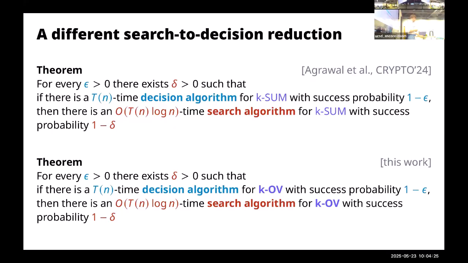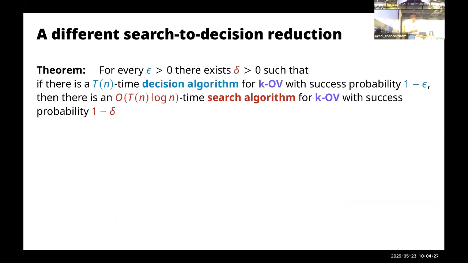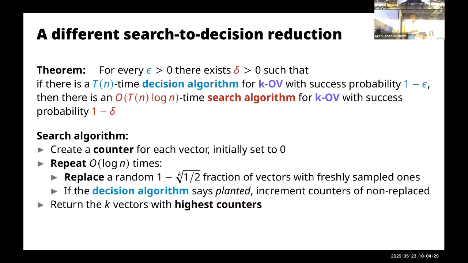It's not our idea. So the idea is the following. I keep a counter for each vector, initially they're all zeros, and then a sufficient number of times, which is on the order of log n, I replace some random fraction.